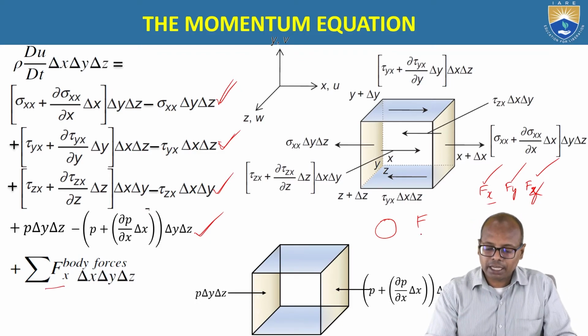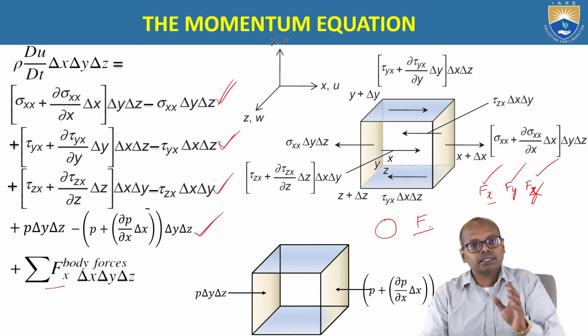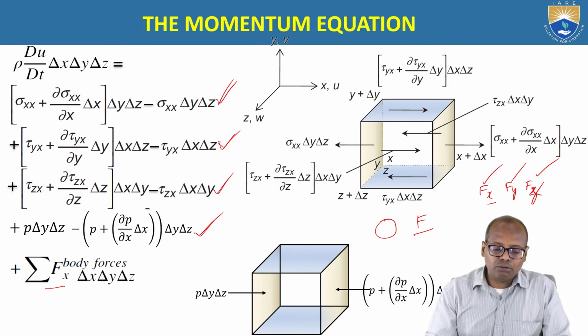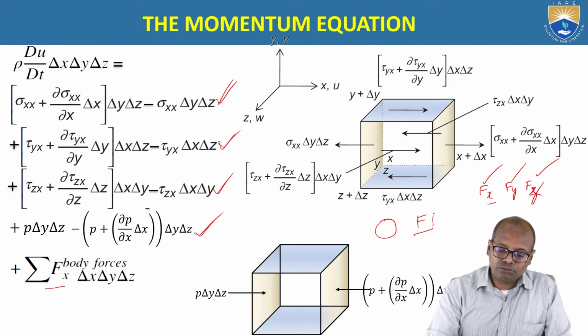Now what is this F? As I said, it is proportionate to the mass of the element. Now density, if we don't consider it, we consider only the volume.